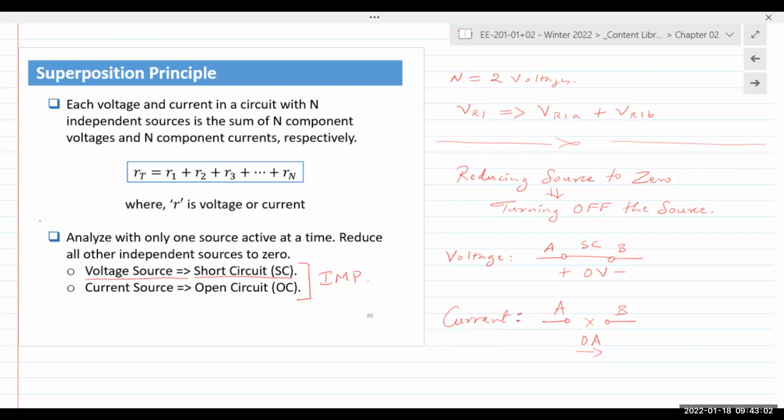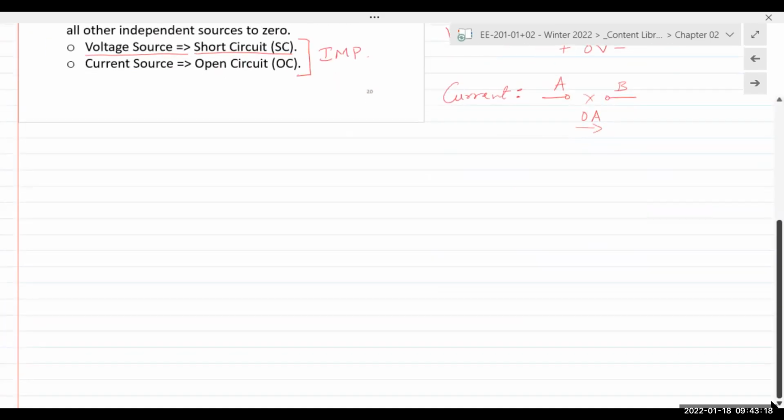Yeah. So now we take that concept, reducing a source to 0, and we split up our larger circuit with n sources into multiple different parts. So let's say we had a circuit with 3 sources. I'm just going to draw a random circuit.